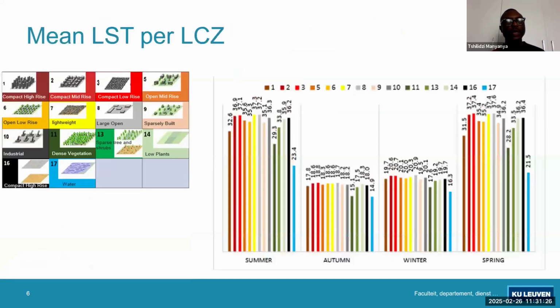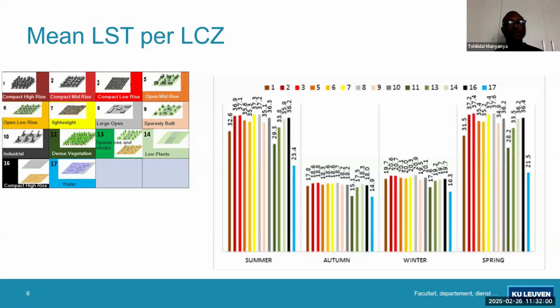Secondly, we look at the mean LST values per class. What you can already see is that the highly impervious classes, which is local climate zone 8, the large build, then 2, compact mid-rise, then 7, your informal settlements, and then 3, your compact low-rise, appear to have the highest mean surface temperatures.